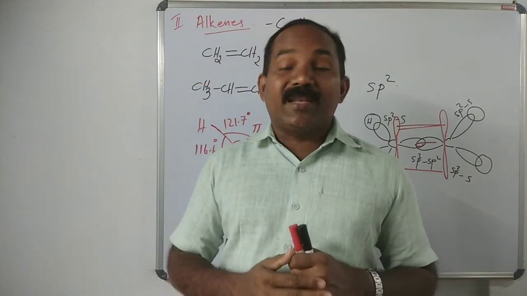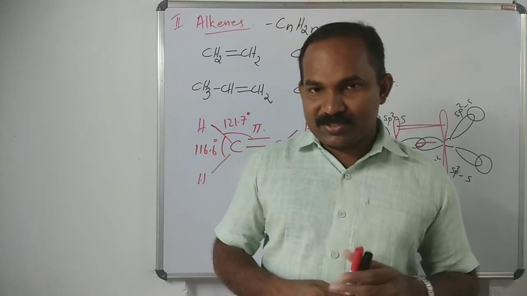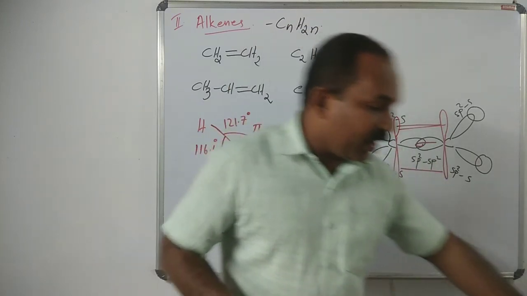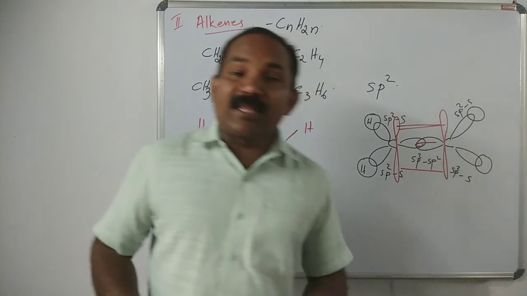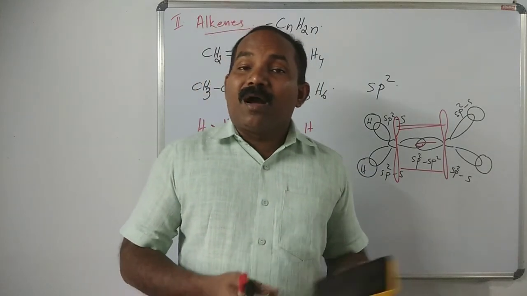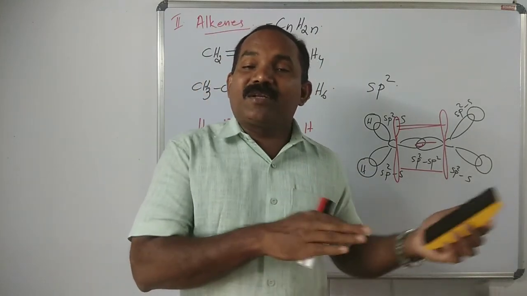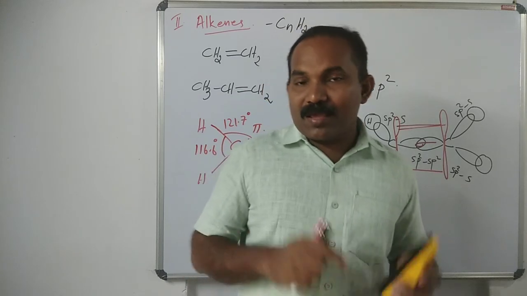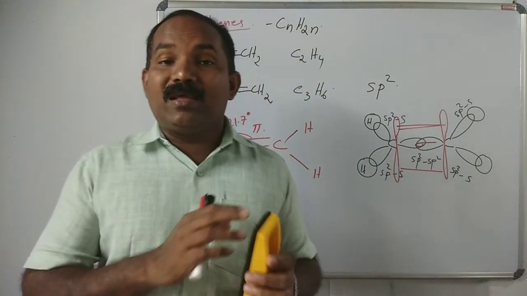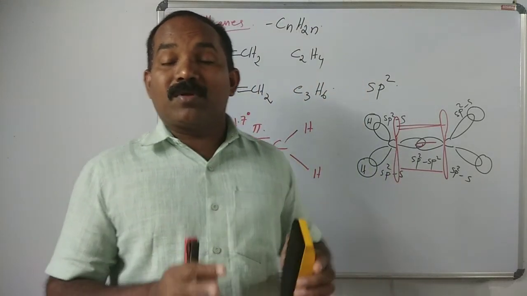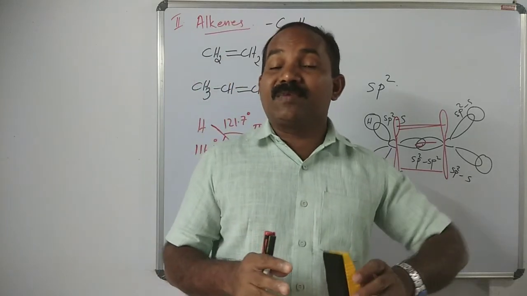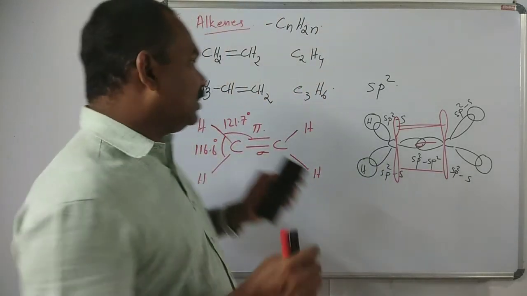Next is naming and isomerism. Alkenes are named with the suffix ene after the word root; the primary suffix is ene.